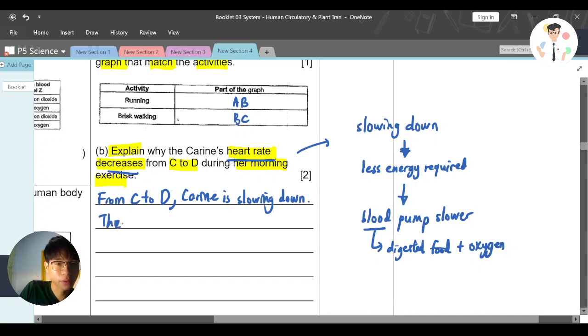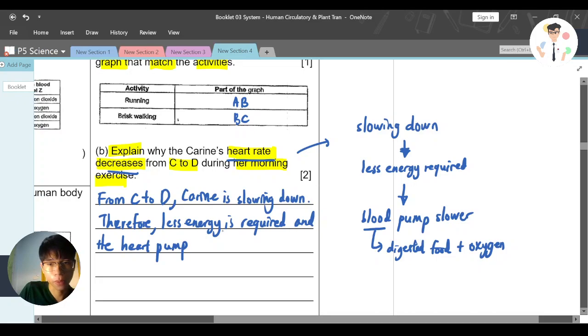Thus, or therefore, I use the word therefore, less energy is required and the heart pumps digested food and oxygen slower to all other parts of the body.